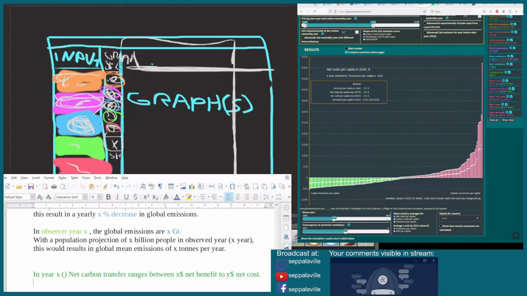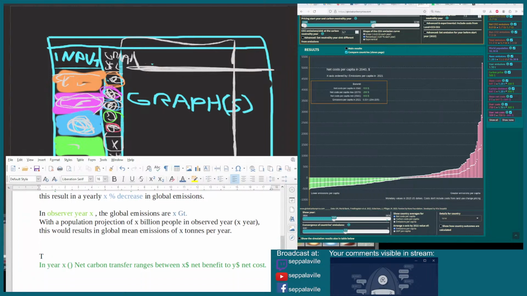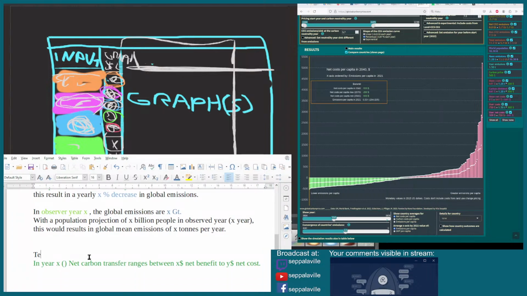It might be easily understandable. So this could be text for the country comparison.